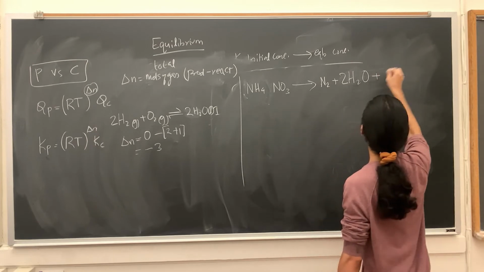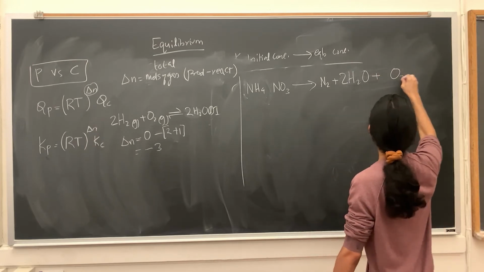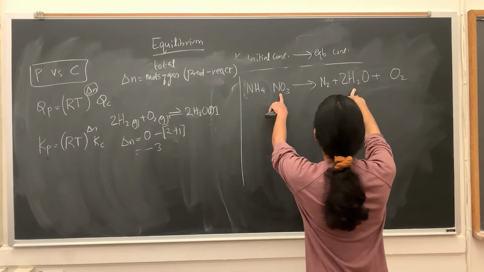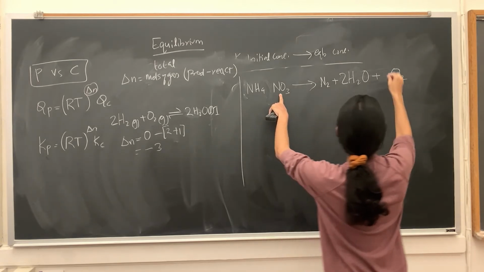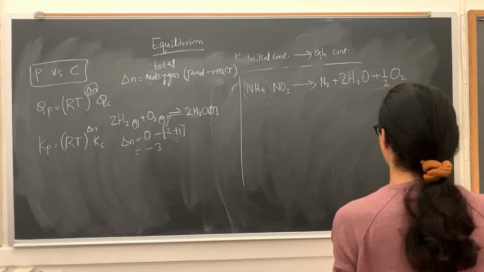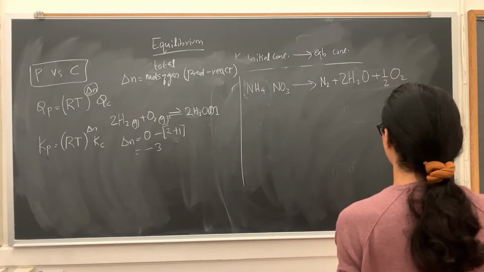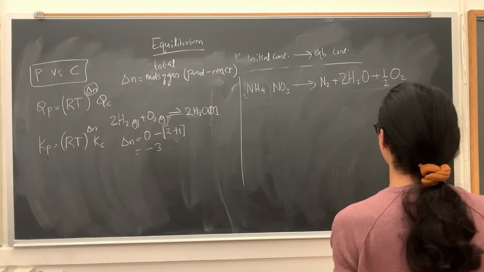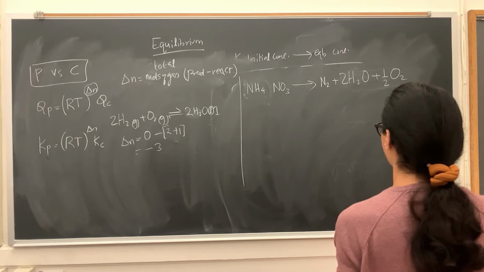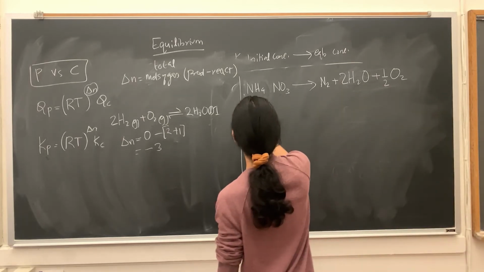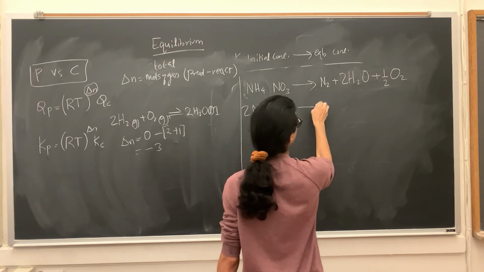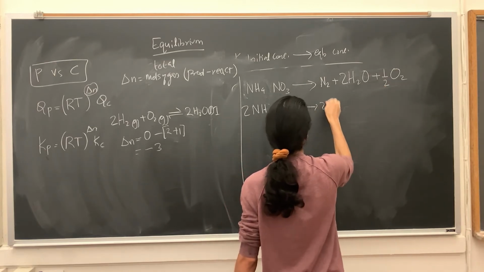And I think you also get some oxygen. So hydrogens are fine. Oxygen, that's 3 oxygens. Does that make sense? Balanced? And so if I balance it fully, I get 2NH4NO3, multiplying both sides by that 2 to get rid of that denominator.